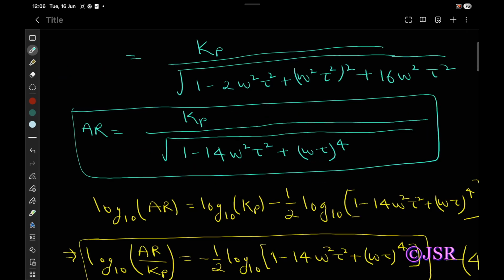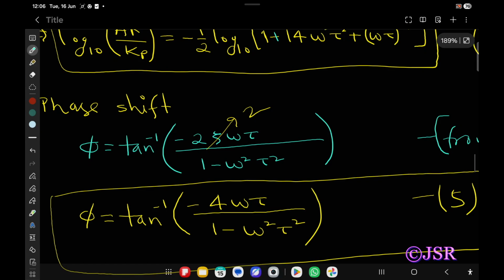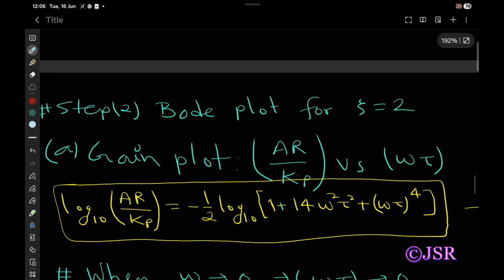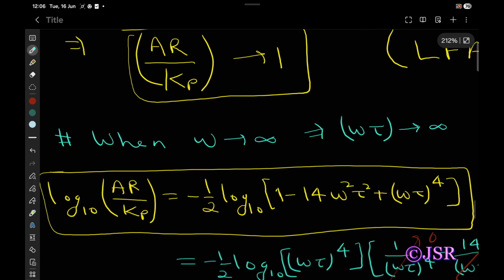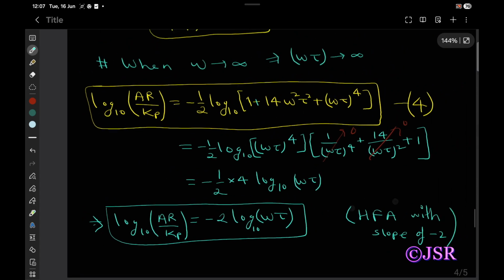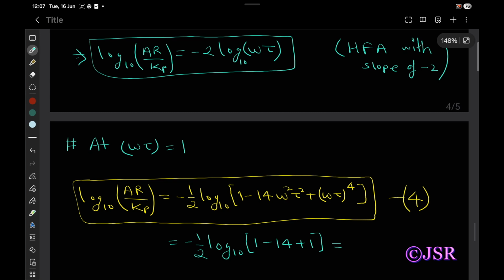So this will be plus, and this will be plus. So finally we will have log 10 of 16.